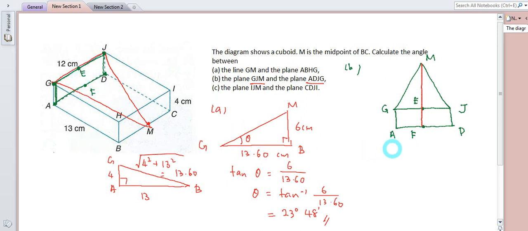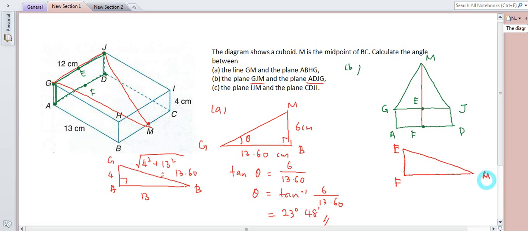Let me draw the triangle first. This is E, this is F, this is M. So we are looking for MEF, right?